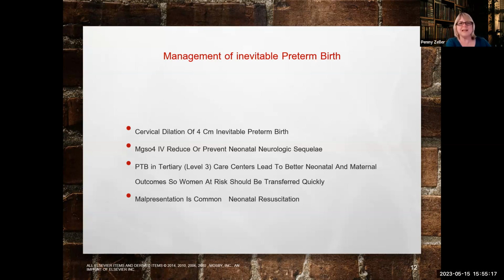So malpresentation of the fetus might not be longitudinal, might not be cephalic. It might be breech position. So we need to be prepared for that as well. We have to have the neonatal resuscitation team. The number one reason for a newborn to be admitted to NICU is preterm birth, preterm status.